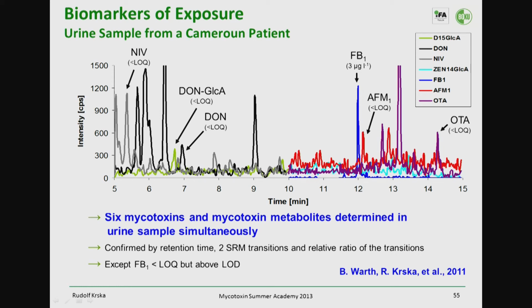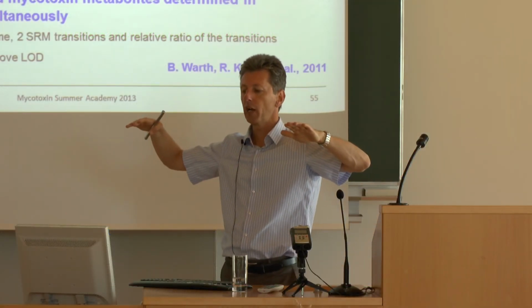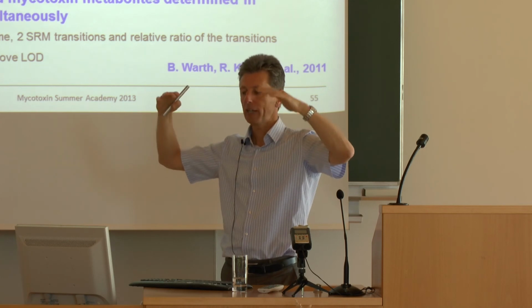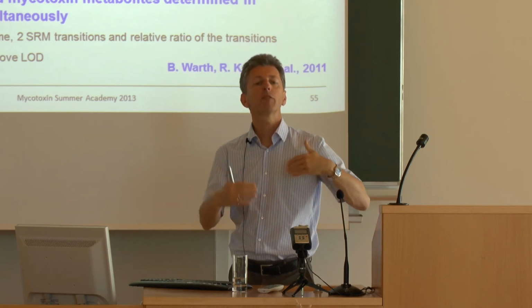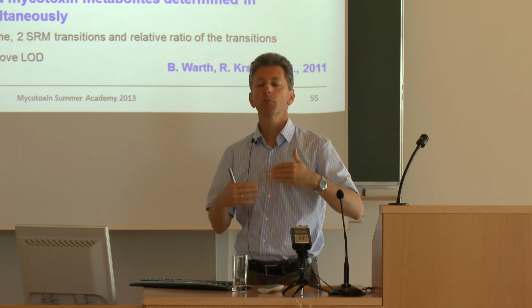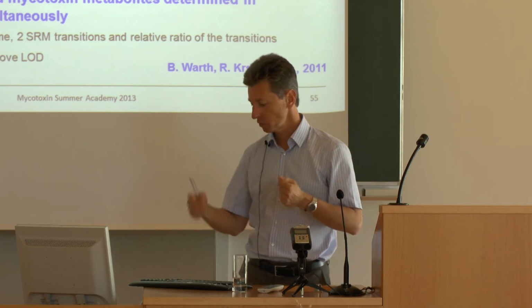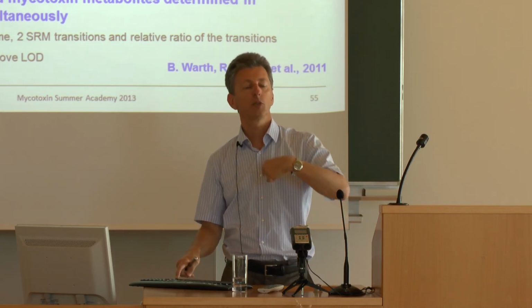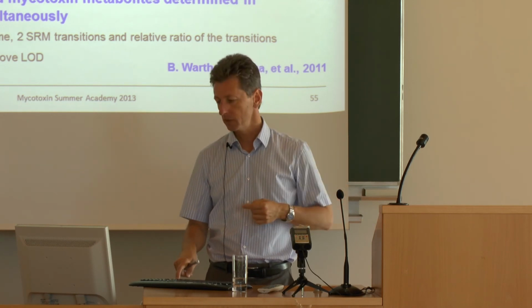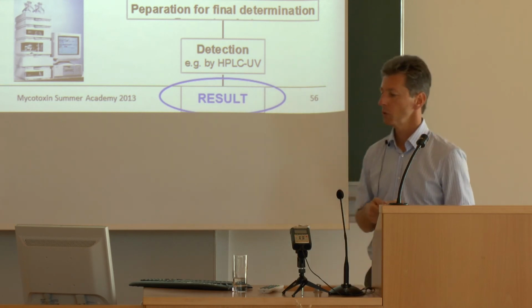There's a more recent one, but this is a very impressive picture where you see in the urine that we are able to determine the mycotoxin itself and its glucuronide, the transformation, detoxification products produced in the liver. By the way, as some of you might know, cats do not have this possibility of detoxifying in the liver to their glucuronide. That is why they are much more susceptible to mycotoxins.